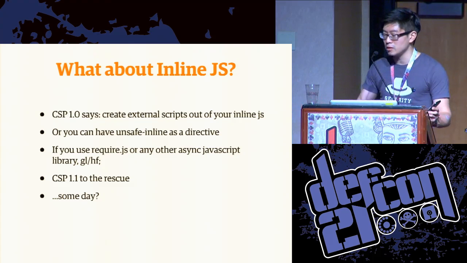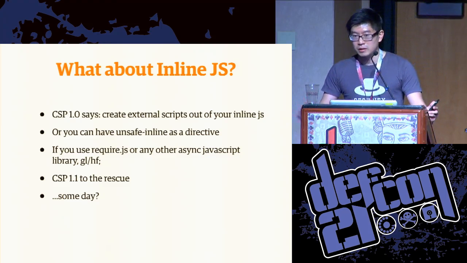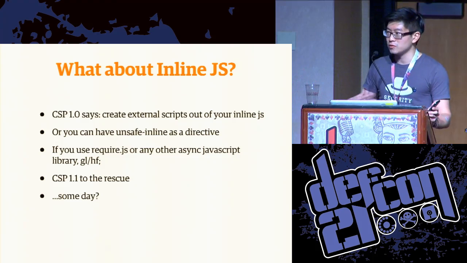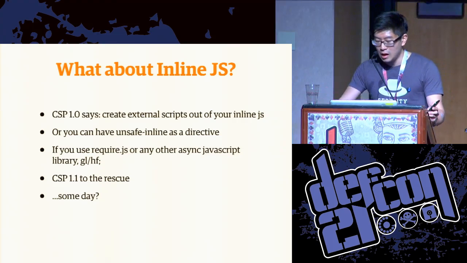Alternatively, if you want to get around this, you can also specify, as I mentioned before, the unsafe inline directive, but this has implications for weakening the strength of your content security policy.